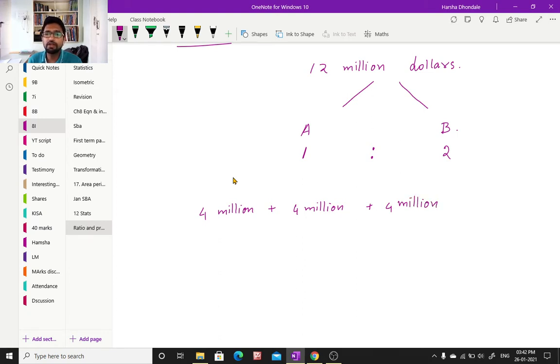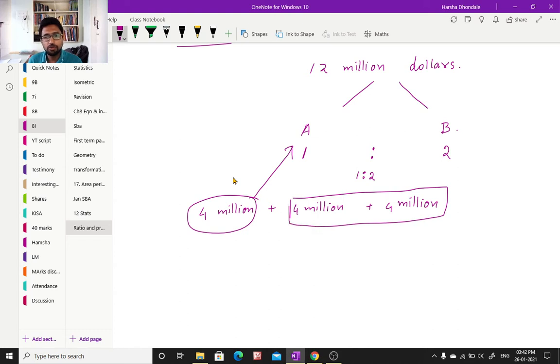Now I want to divide the money in the ratio 1:2. So I have three parts here. One part goes to Mr. A, and the remaining two parts goes to Mr. B.